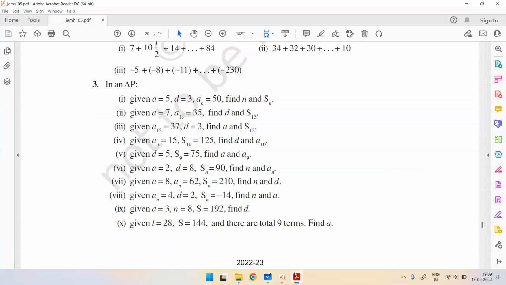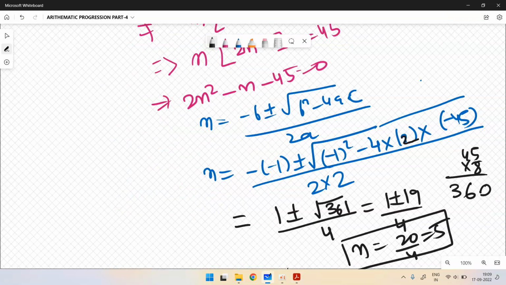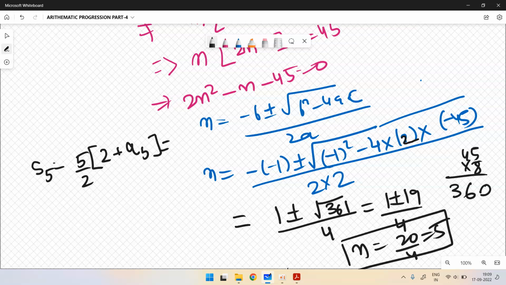What we need to find is a6. So again using the same formula, this is S of n. S of 5 is going to be 90. This is nothing but 5 by 2 into a plus nth term. What was a? a was 2. Nth term is going to be a of 5. This is a of n I need to find, which is going to be 90.